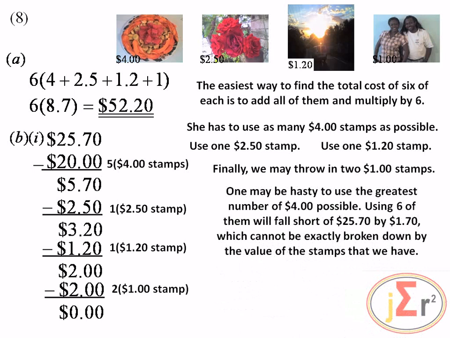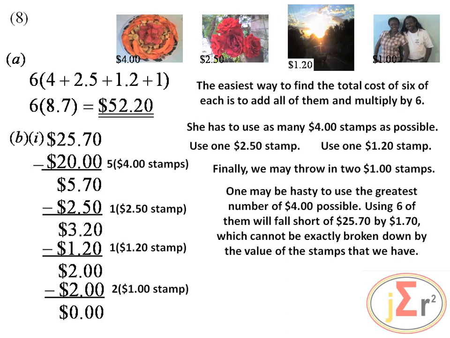So one may be hasty to use the greatest number of $4 stamps possible, using 6 of them because she has a total of 6 of each. So using 6 of them will fall short of $25.70 by $1.70. Right. Which cannot be exactly broken down by the value of the stamps that we have left.